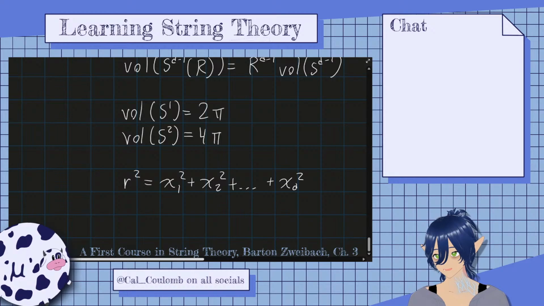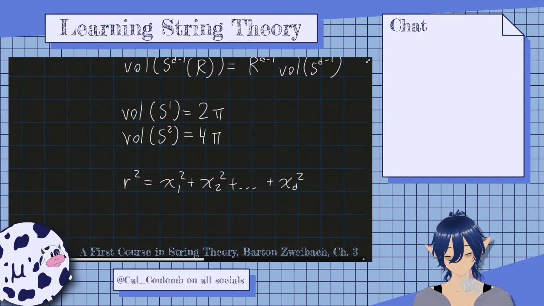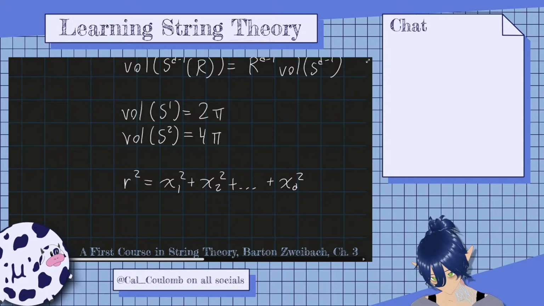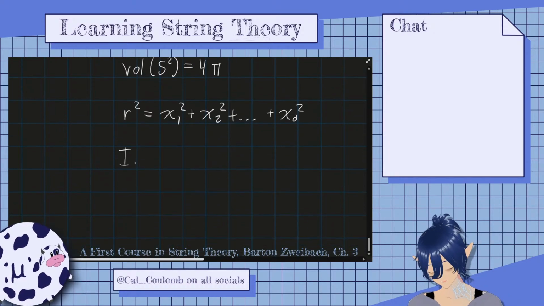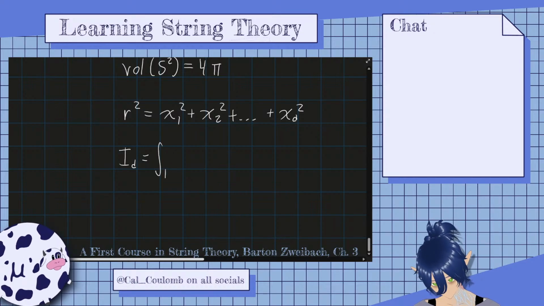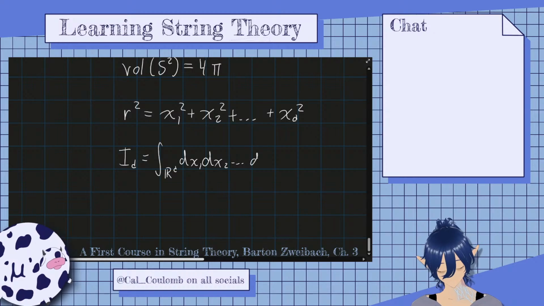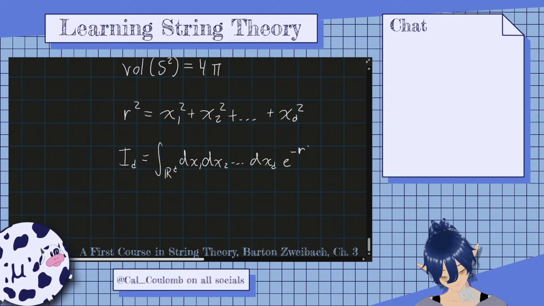We will find the desired volume by evaluating in two different ways the following integral. So ID is equal to the integral over RD of dx1, dx2, all the way to dxd of e to the minus r squared.